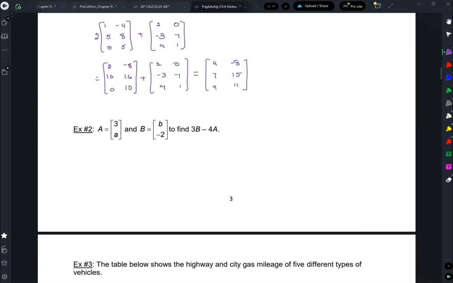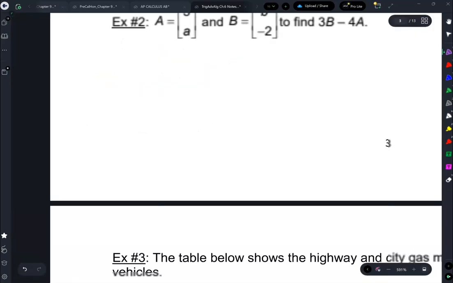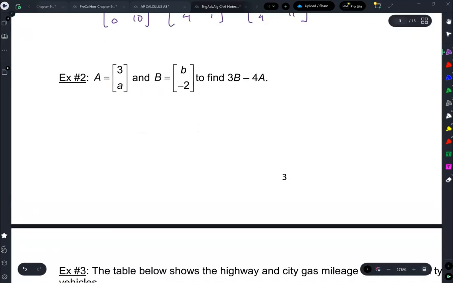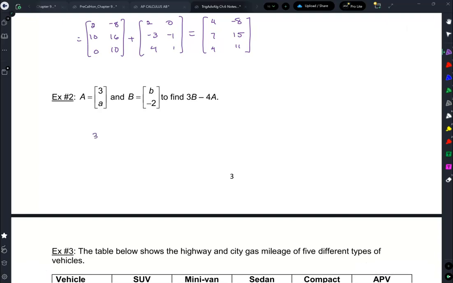All right, let's do 3b minus 4a. So 3 times b, that is 3 times this column matrix, minus 4 times the other column matrix. So when I multiply 3b, -6, minus 12, 4a.